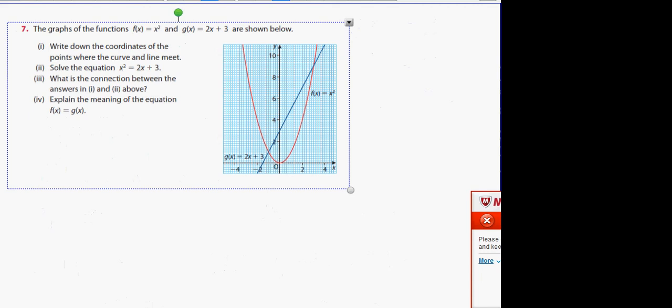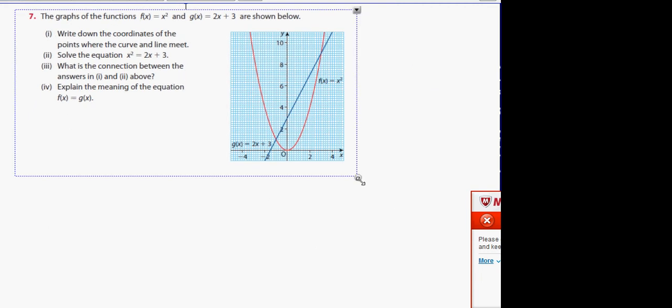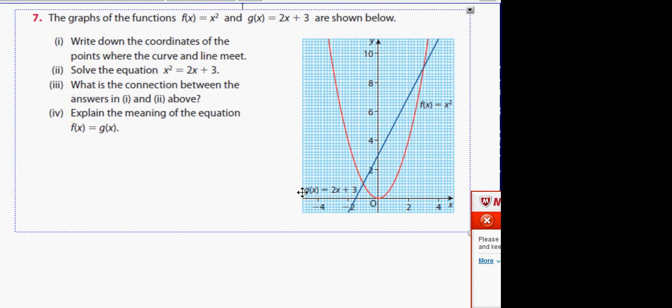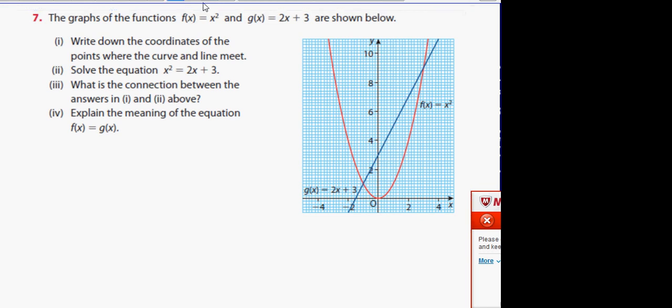We're doing well. Okay? Here is a function of a line and a curve. Write down the coordinates of the points of where the line and curve meet. So where did the line and curve meet? Can anybody tell me? Oh dear, we're going to need a magnifying glass, aren't we? Okie dokie.